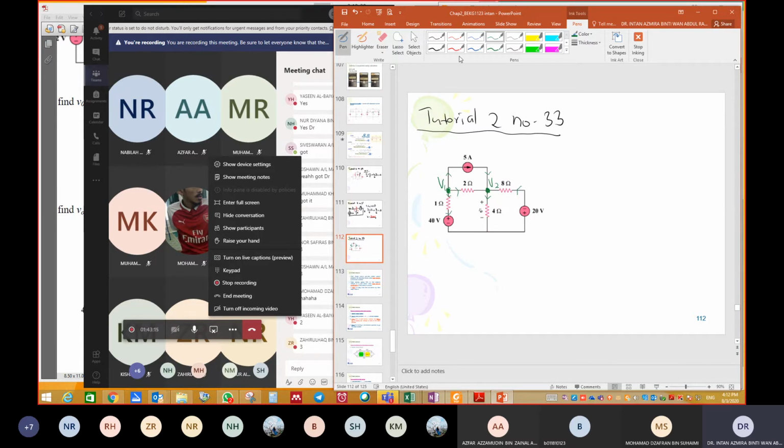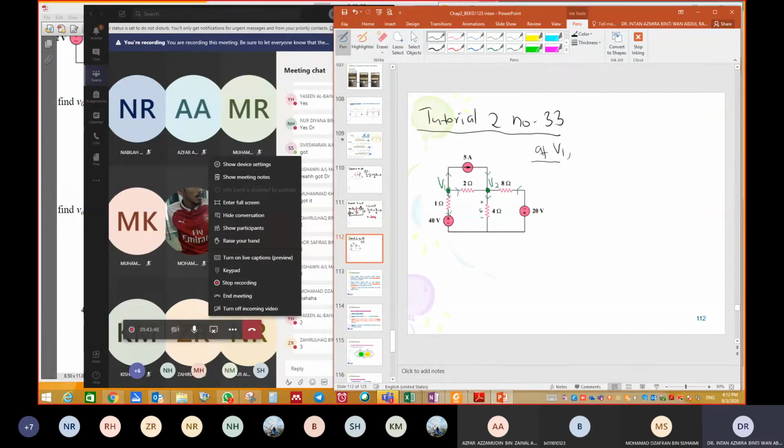Okay, so now let's write the KCL equation at V1. Now I skip the step of assigning, I skip the step of naming the current. Okay, let's say this is I1, I2. I jump to substituting all the currents with Ohm's law.